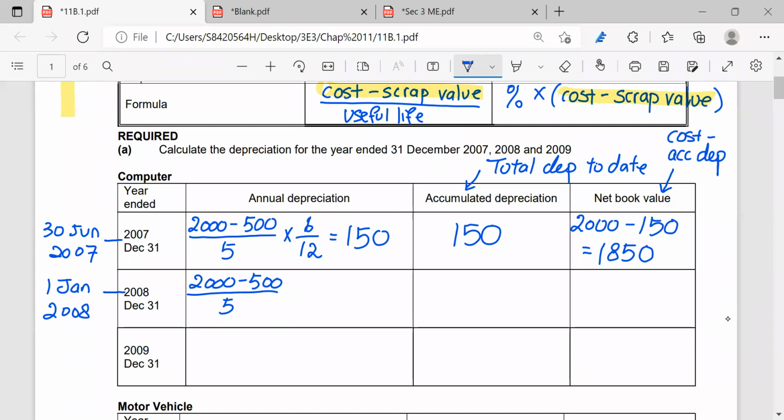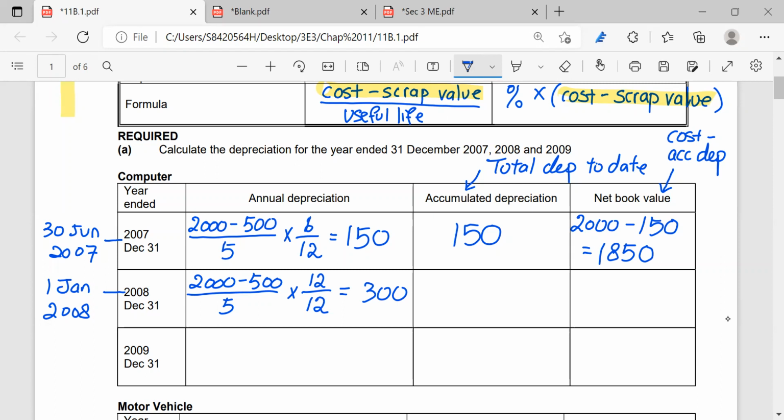That gives you $300 because you use the computer for 1 whole year. So the second year annual depreciation is 300.